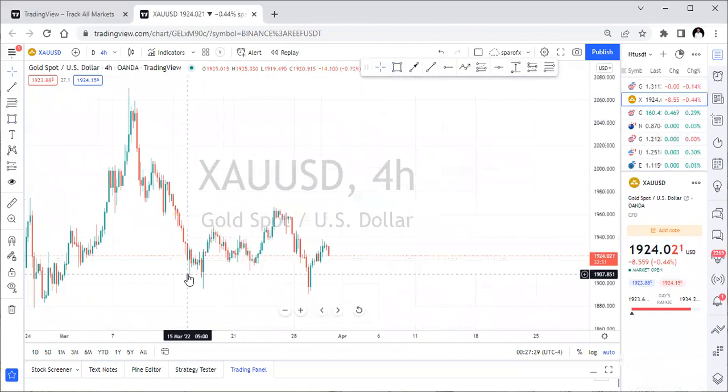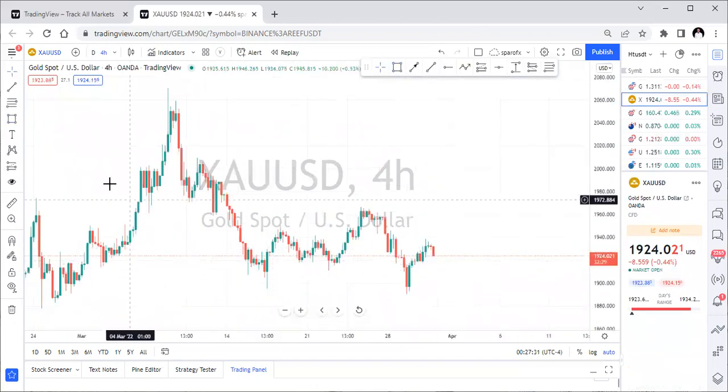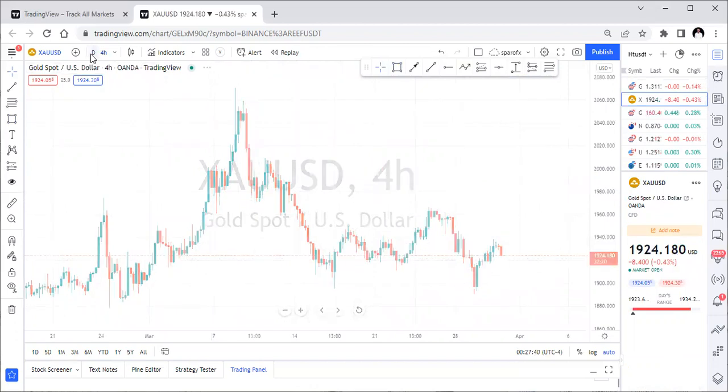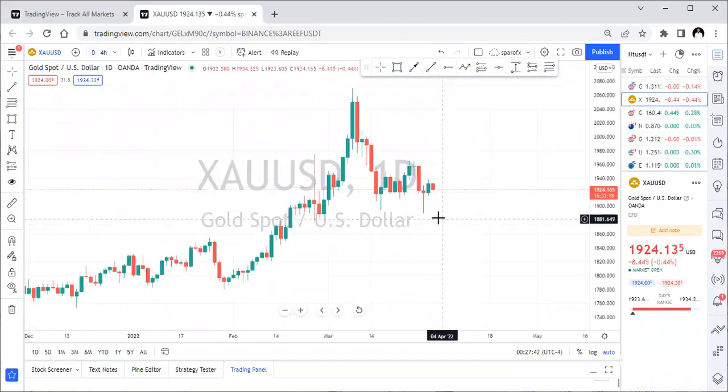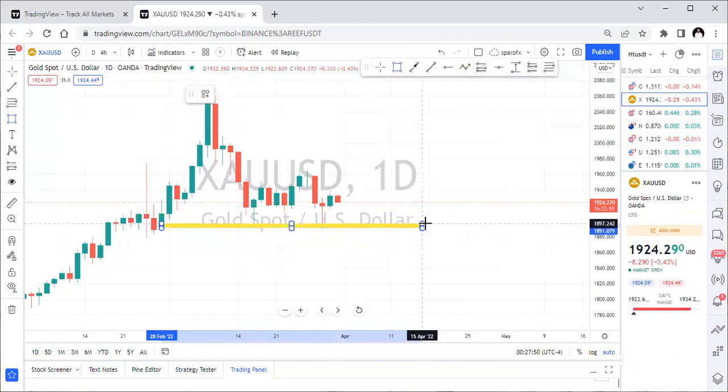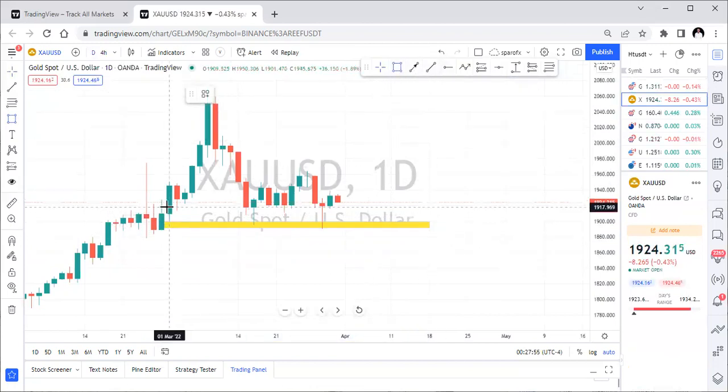Clear all my charts. On gold, actually, we find some sort of support from the daily time frame.